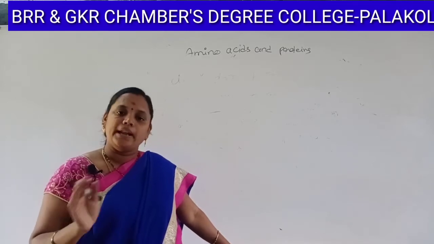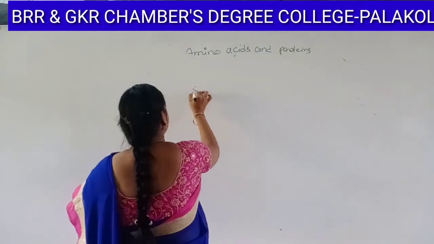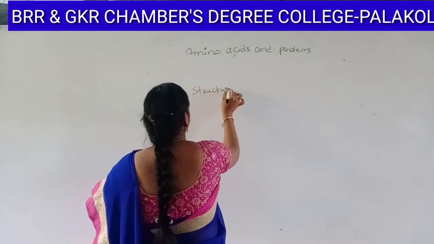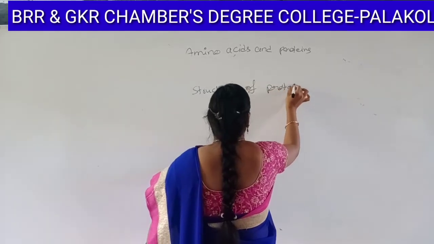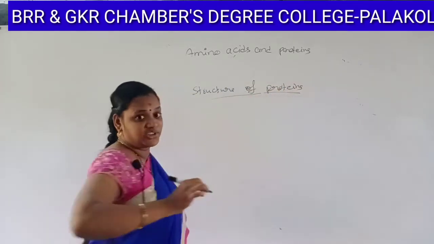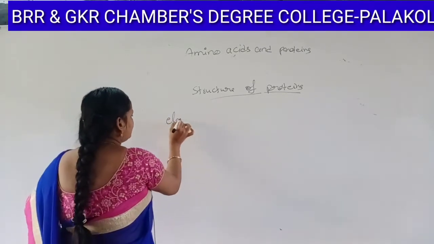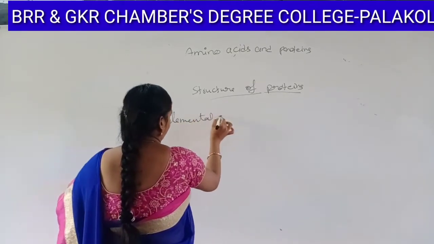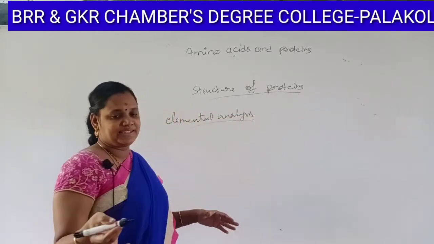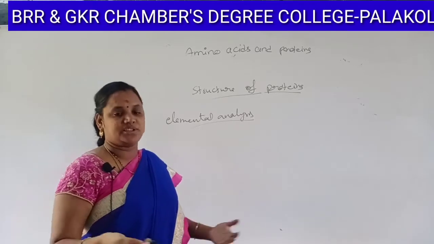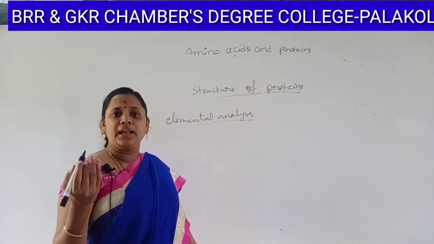Okay, students. Now let us discuss the structure of proteins. The elemental analysis says that, elemental analysis means we calculate the number of carbons, nitrogens, oxygens present in a protein.